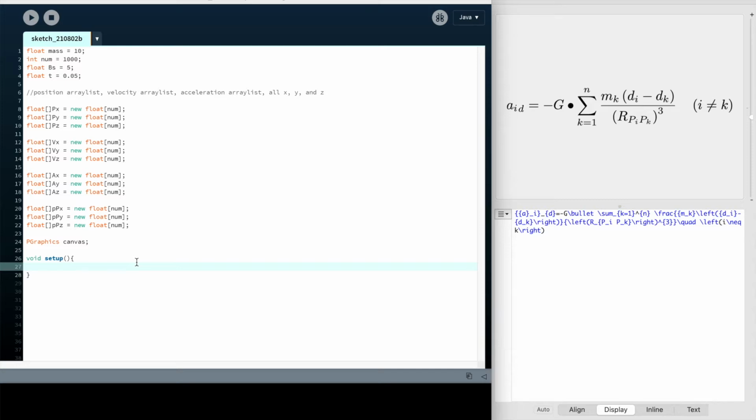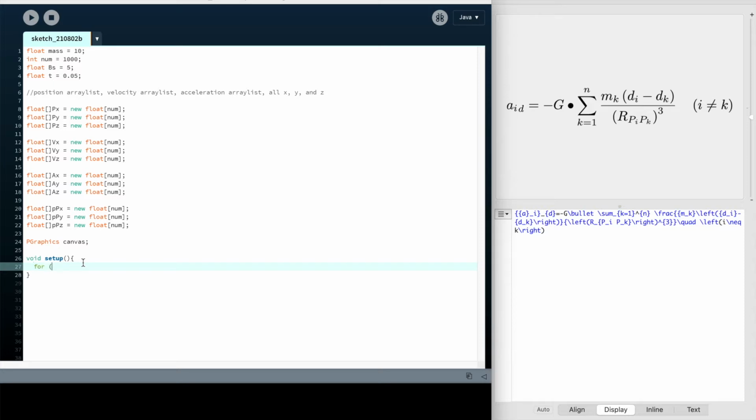What I'm going to do is arrange these 1000 objects in a cube, as I said before. So that's why I set this as a cube number. 10 cubed is 1000. And so I'm going to have to make a cube-shaped arrangement of these 1000 objects.